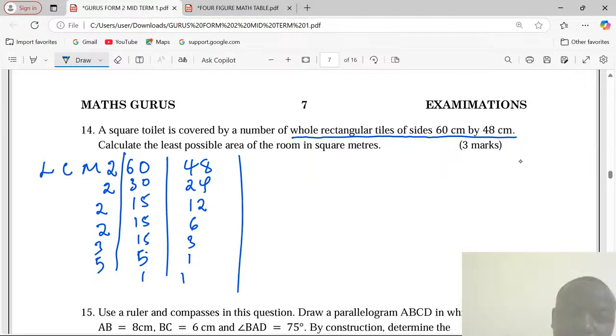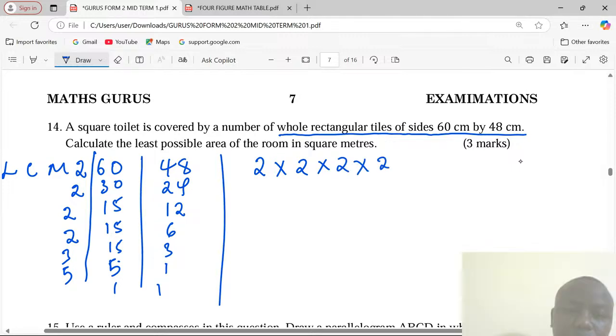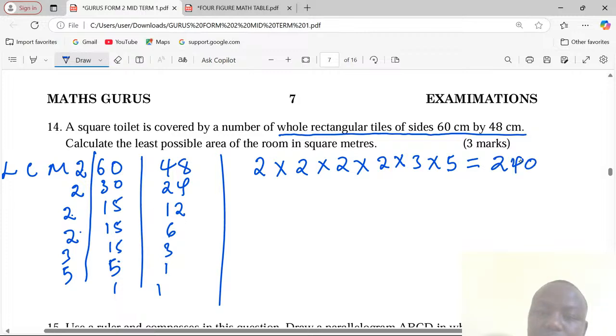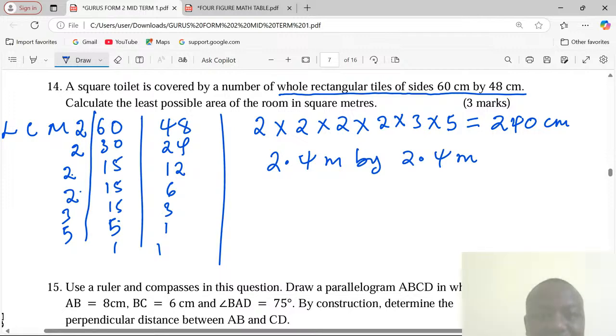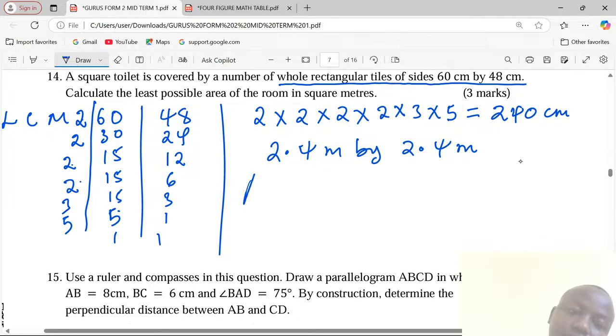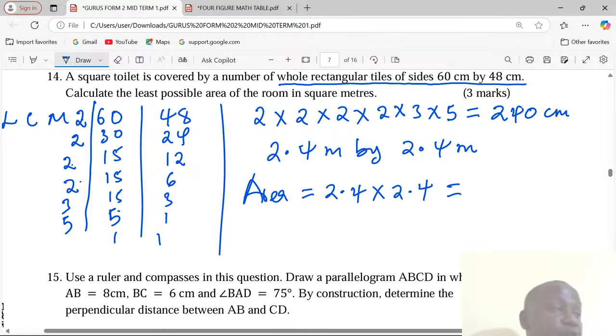So we'll be talking about 2 by 2 by 2 by 2 times 3 times 5, whereby the length of the square room is now going to be 2 power 4 multiplied by 3 multiplied by 5, giving us 240 centimeters, which means it's measuring 2.4 meters by 2.4 meters. But what are we talking about now? Calculate the least possible area. So area, because we have dimensions now, is 2.4 by 2.4.